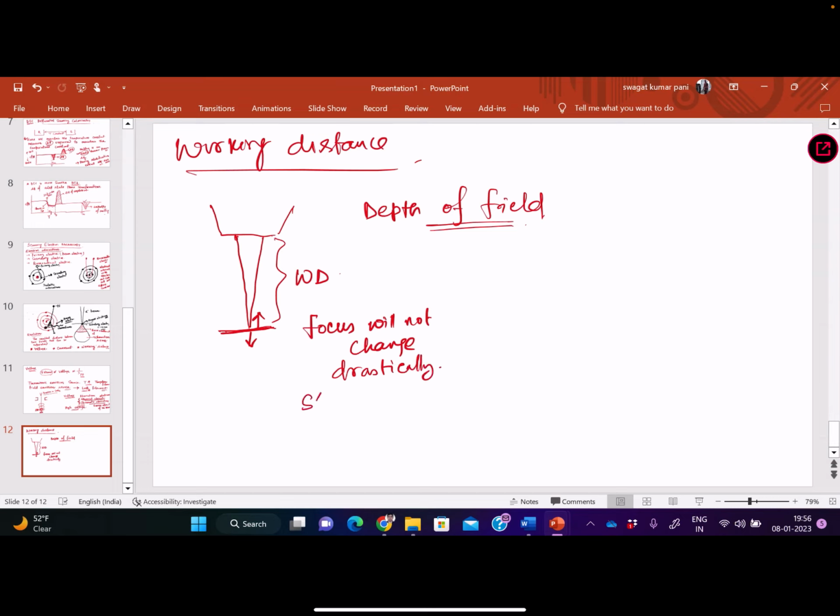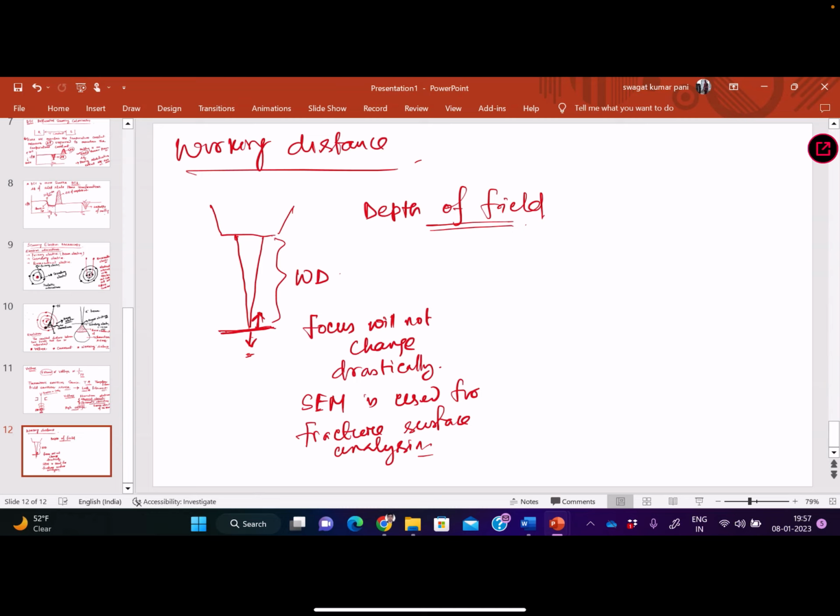This is why SEM is used for fracture surface analysis, because with the change in this distance, either up or down, the focus doesn't change much. This is called depth of field.